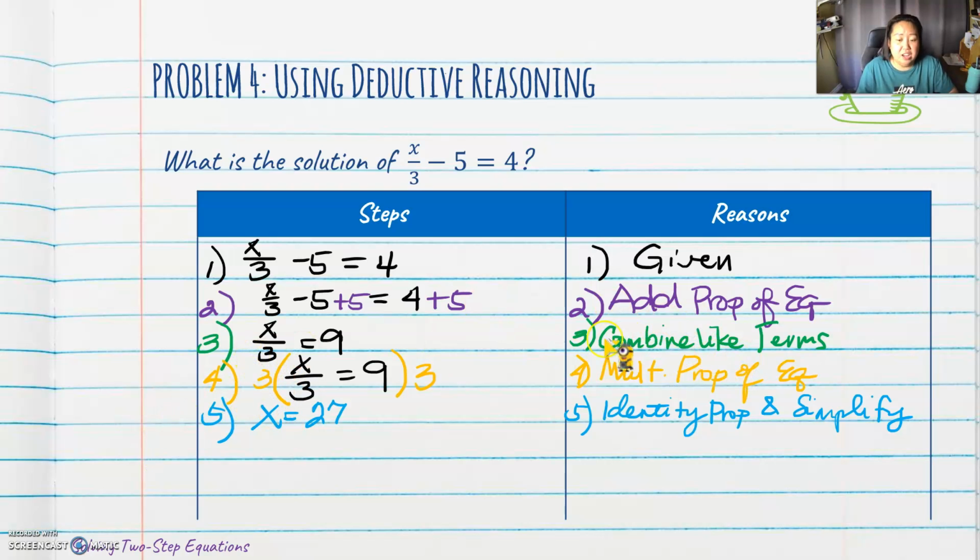You simplify, so that's combining like terms. And then you multiply by 3, that's the multiplication property of equality, and then you will eventually get x is equal to 27. That is by the identity property, when you will have 3 divided by 3 equals 1 times x. And then of course you simplify 9 times 3 to become 27, okay?